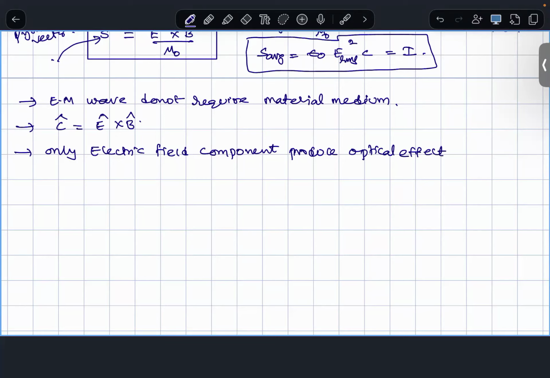When you are seeing someone, it's not the magnetic part. Our eyes respond only to the electric field component of the electromagnetic wave. That is why it is also called the light vector. The electric field component we will call the light vector, right?